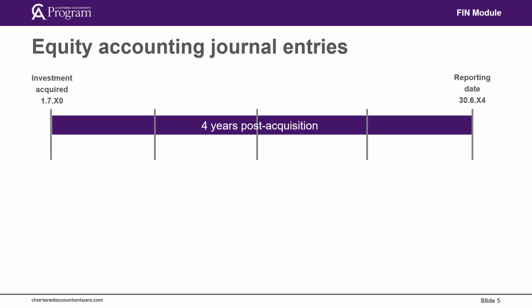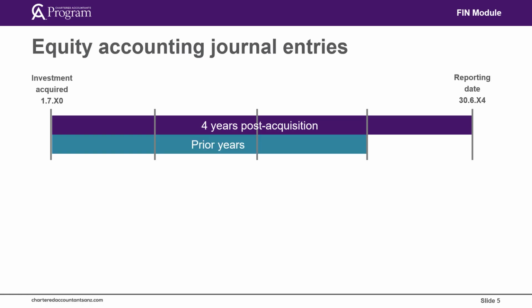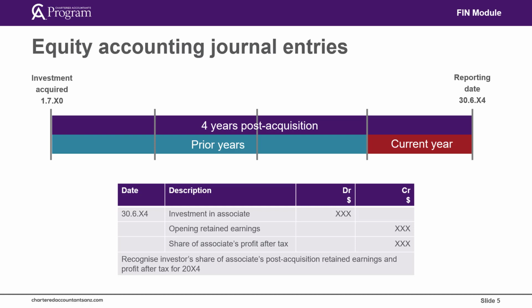Firstly, the 4 years post-acquisition period can be broken down into the 3 prior years and the current year. But when we prepare our journal entry at 30 June X4, we need to include all 4 years because remember, equity accounting entries that you made in the past 3 years don't carry forward as they are notional entries. So our journal entry will look something like this.